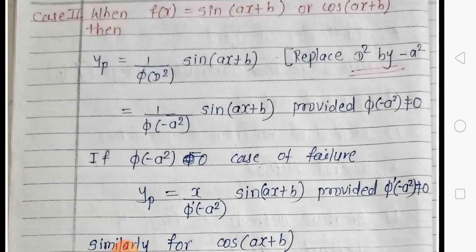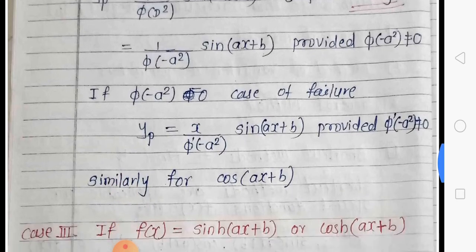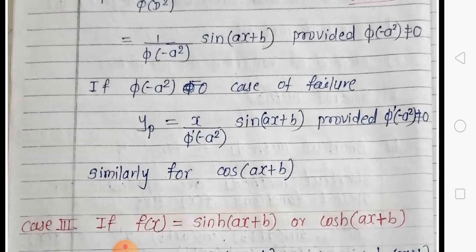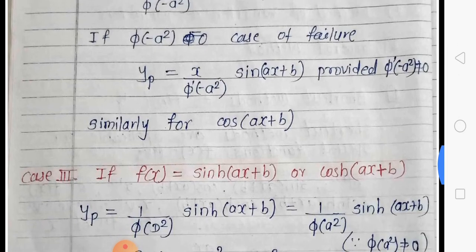Here if we get equal to 0, then we get the case of failure. In case of failure, always remember we multiply by x upon the derivative of phi of D, and again replace D square by minus a square. Therefore we get yp is equal to x upon phi dash of minus a square into sin(ax plus b), provided phi dash of minus a square is not equal to 0.